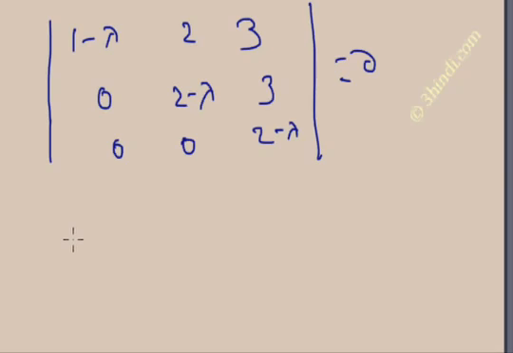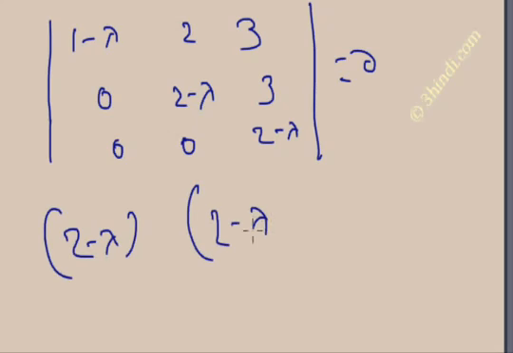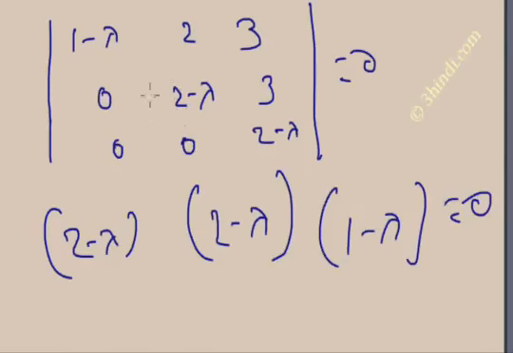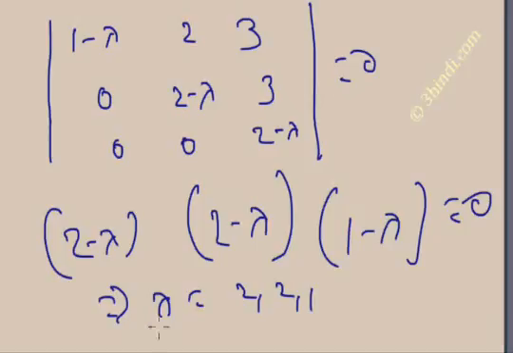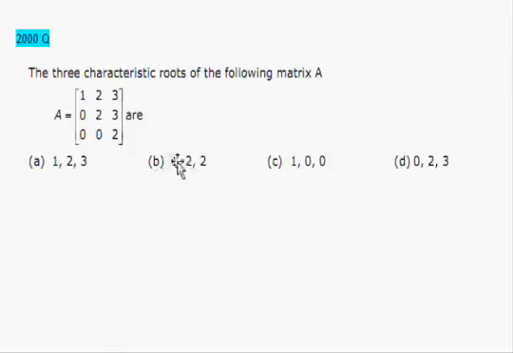The solution will be 2 minus lambda into 2 minus lambda into 1 minus lambda equals 0. This means lambda is 1, 2, 2. So this is the correct solution, B.